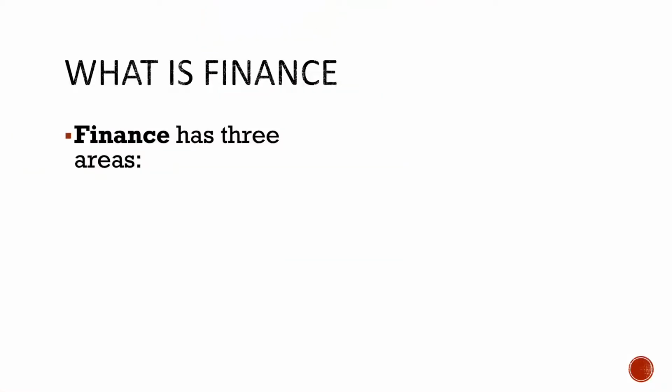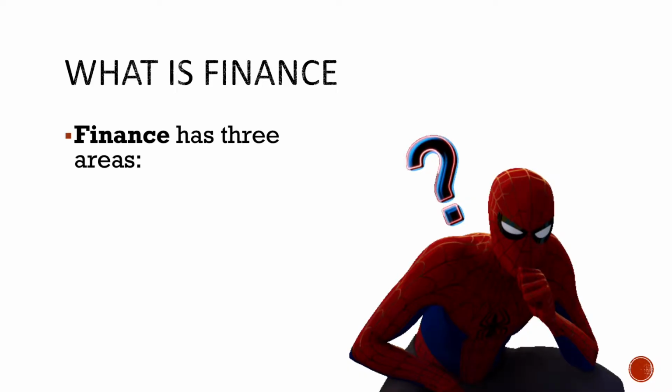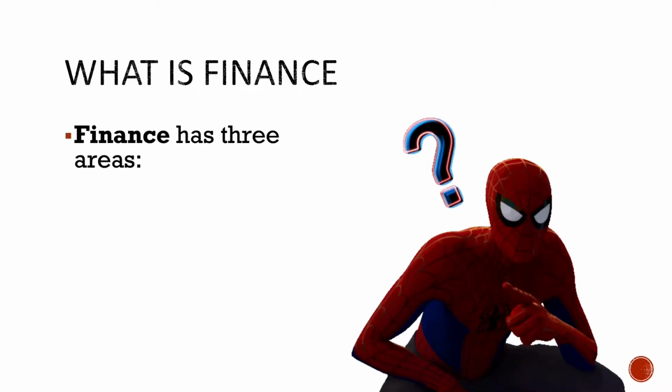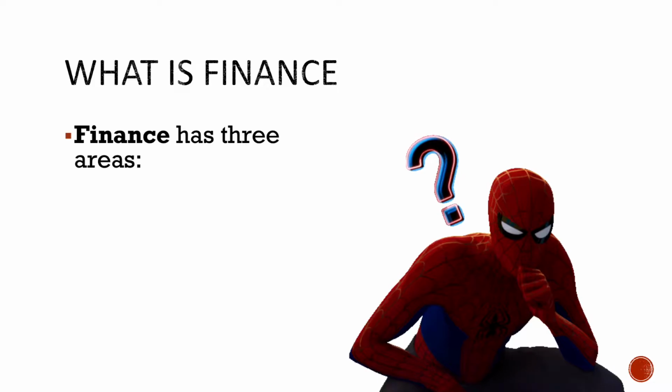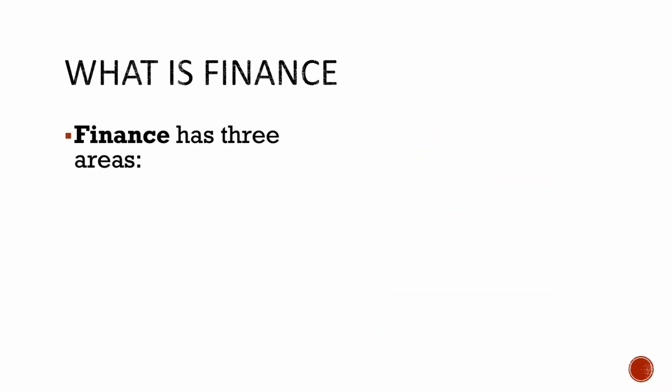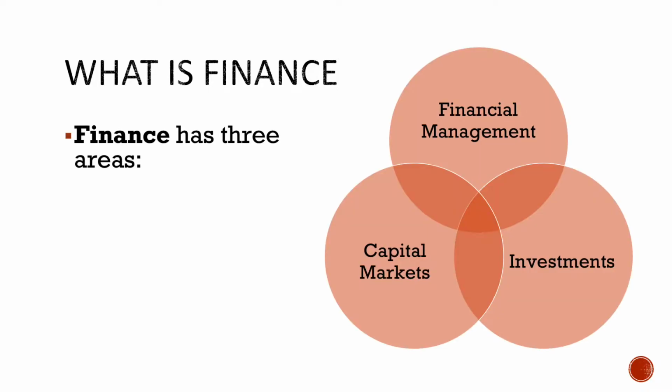Let's begin with finance as a whole. What is finance? The best way to define finance is to enumerate its three areas. The three areas of finance include financial management, capital markets, and investments.